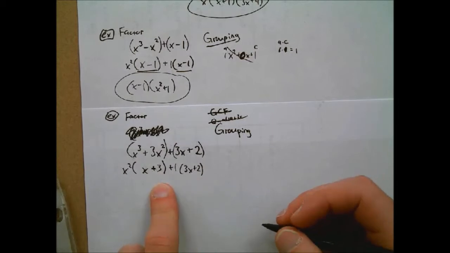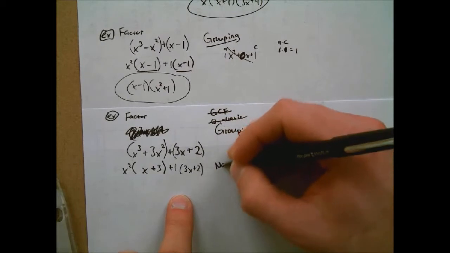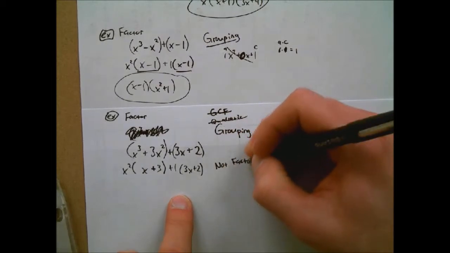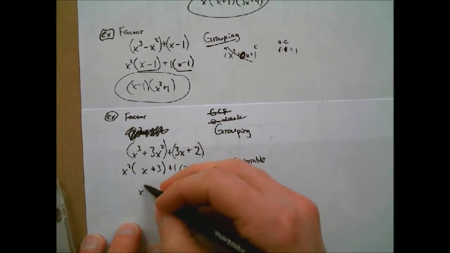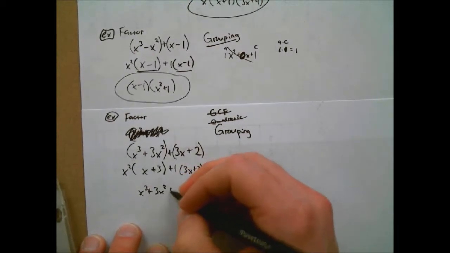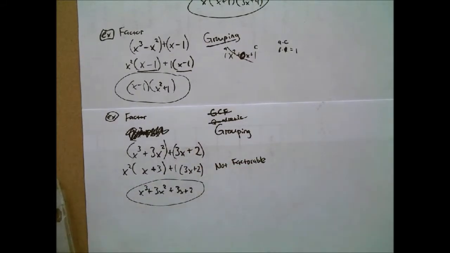Okay, AJ, if they're not the same, then what does that mean about this? Not factorable. Doesn't factor. Okay, this does not factor. So the final answer is x cubed plus 3x squared plus 3x plus 2. It just doesn't factor. That's our final answer.